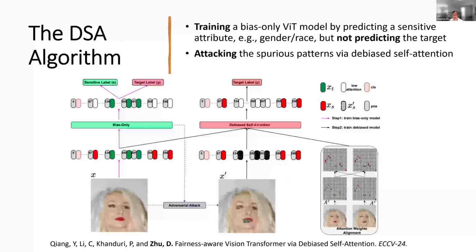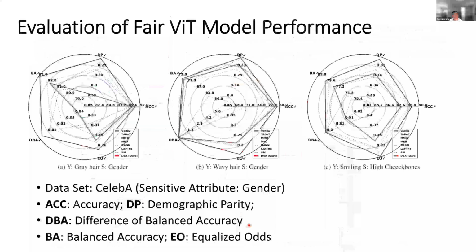This way, hopefully, we can build an unbiased model because the spurious features have been attacked and mitigated. That's the high-level summary of this paper. In terms of the fairness approach, there are many different metrics we use, not only in image computer vision, but also natural language and medical informatics.